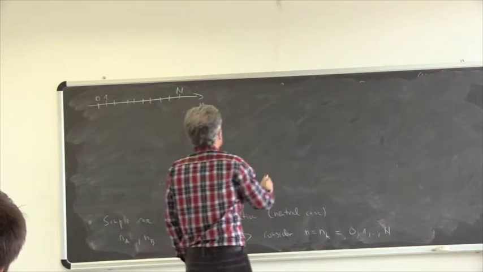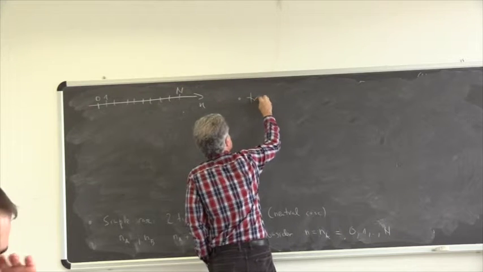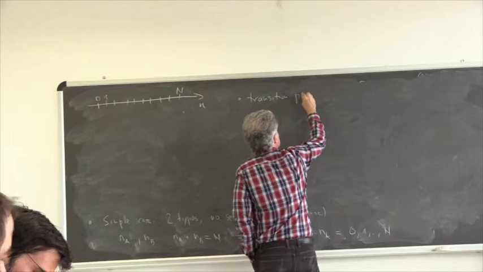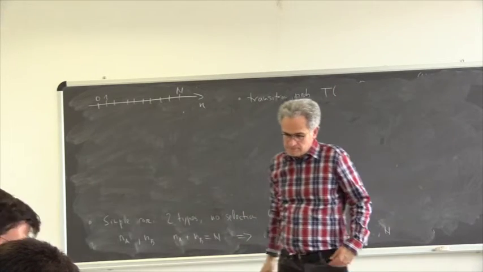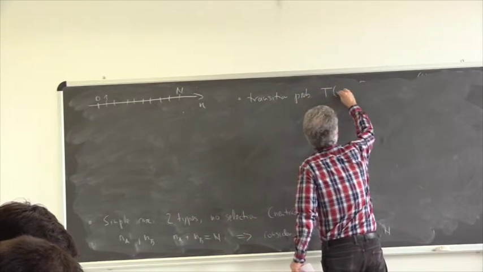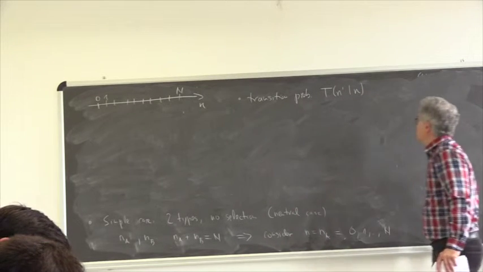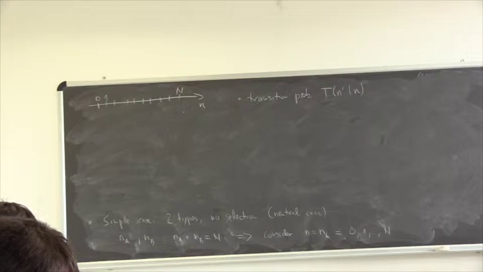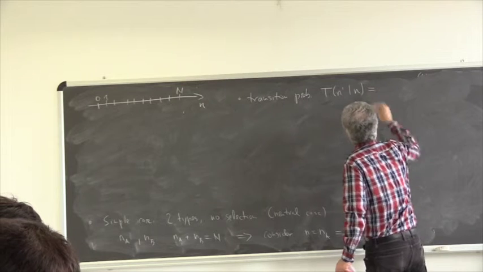So what we need is a transition probability, which I call T. And so this is the probability that the number of A individuals is n prime in the next generation if it was equal to n in the previous generation. Right? So this is the basic quantity that we need to consider.